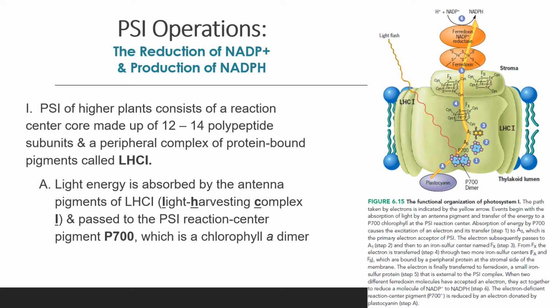Light energy is absorbed by the antenna pigments of LHC1 and passed to the photosystem 1 reaction center pigment P700, which is a chlorophyll a dimer. Here you will see the schematic diagram of the functional organization of photosystem 1.